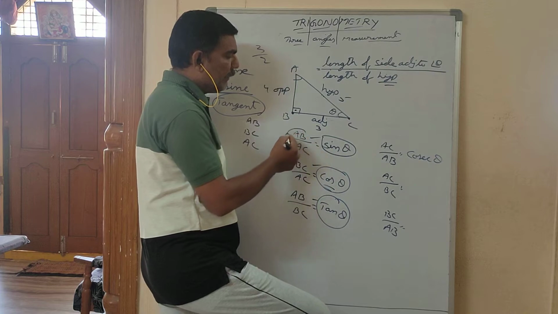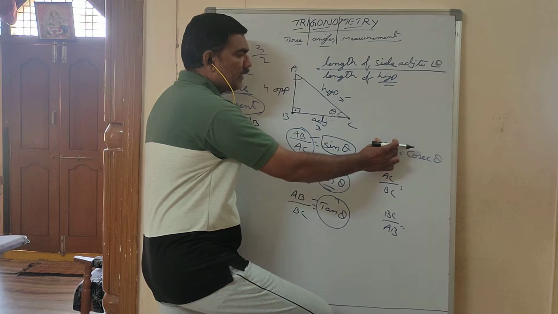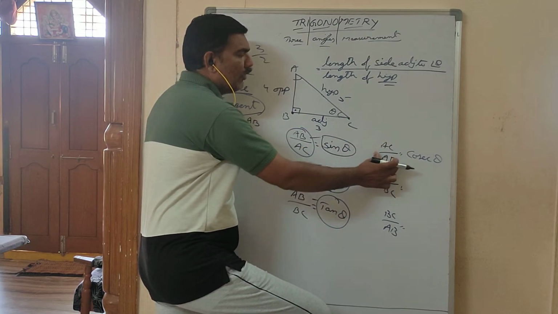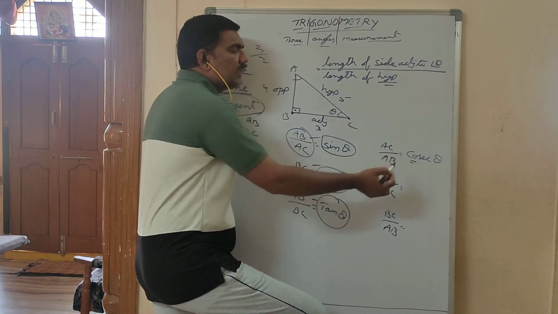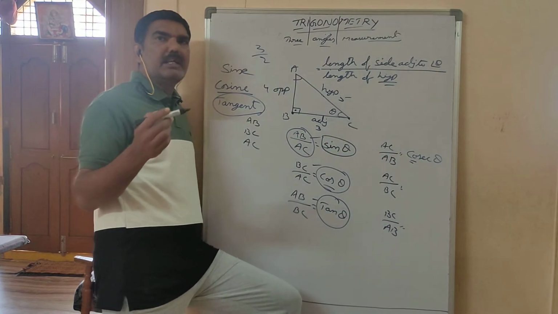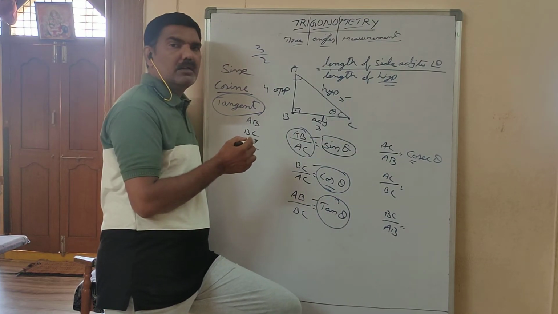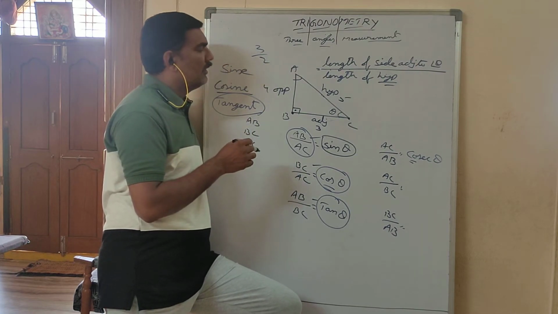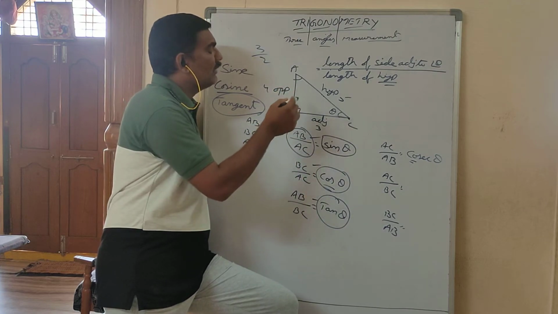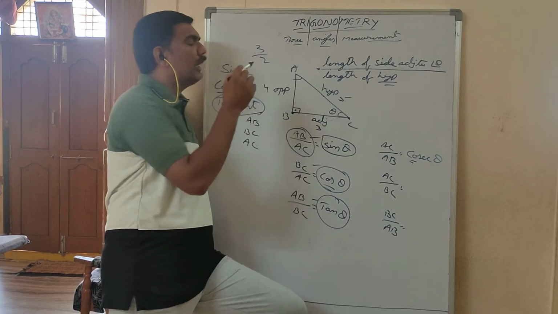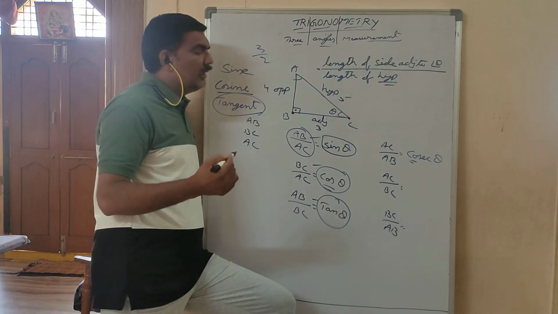So define cosecant theta: it is the ratio of the length of the hypotenuse to the length of the side opposite to angle theta. That ratio is called cosecant theta.